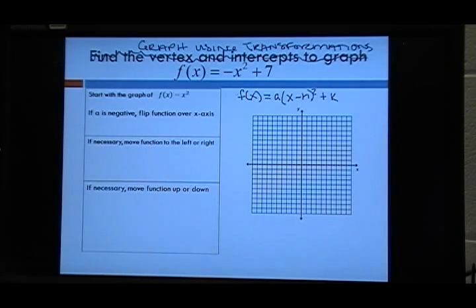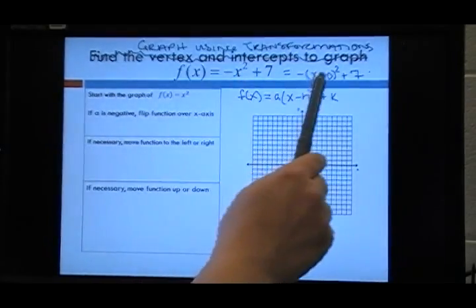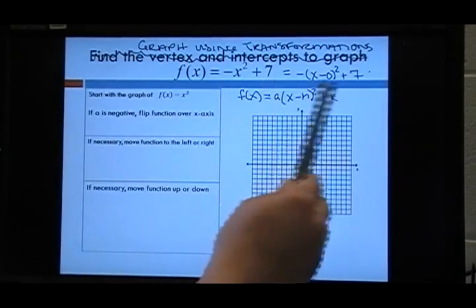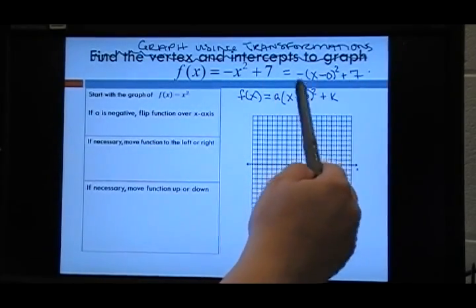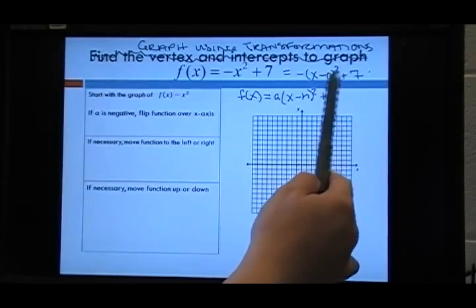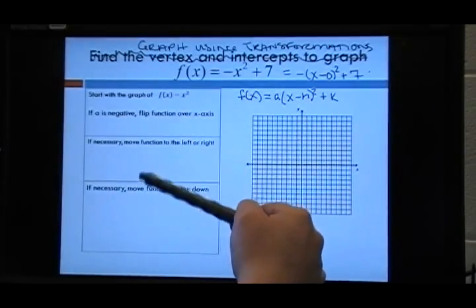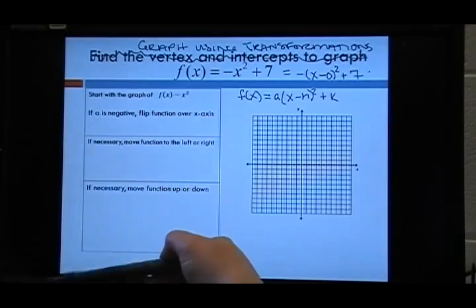And because there's no x term, that's really easy for us to do in this case, because this x squared, x by itself, x minus 0, they are the same thing, right? So this is equivalent to this. And sometimes for some people, it's necessary to kind of see it in this form so that they know which transformations they need to do.